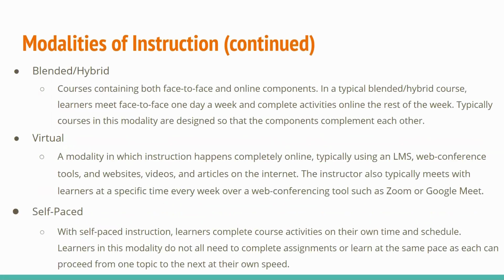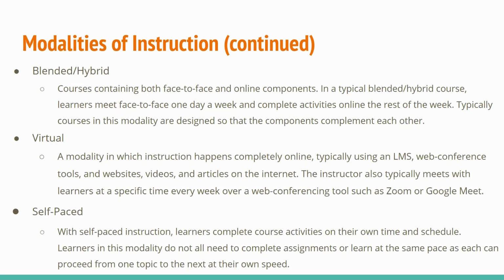Next, we have blended or hybrid courses. These courses contain both face-to-face and online components. So in a typical blended or hybrid course, learners are going to meet face-to-face either one day or maybe 2 days a week, and they're going to complete the rest of their activities online for the rest of the week.